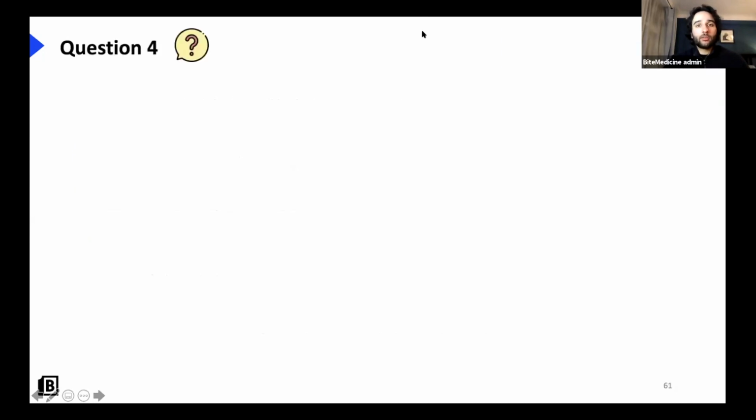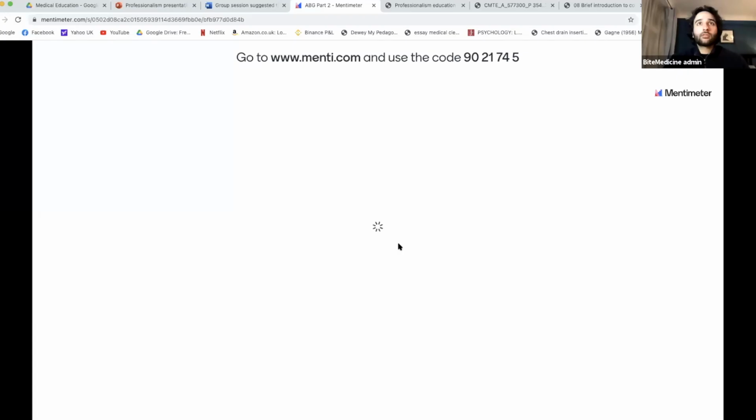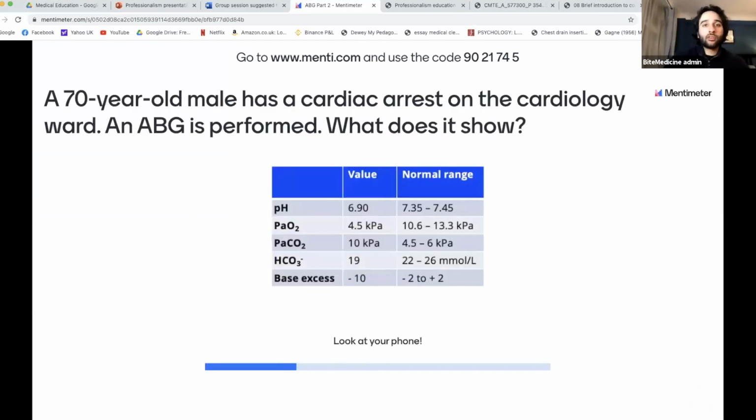Question 4. Oopsie daisy. Let me share that. There you go. Question 4 of 5. So this is now speed as well. Answer fast to get more points, just for a bit of fun.